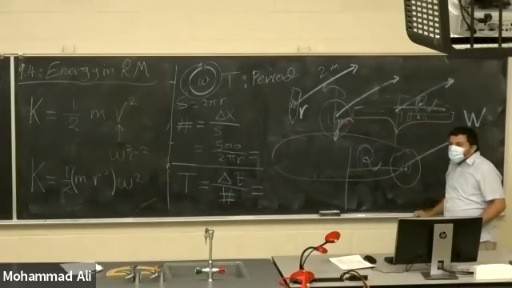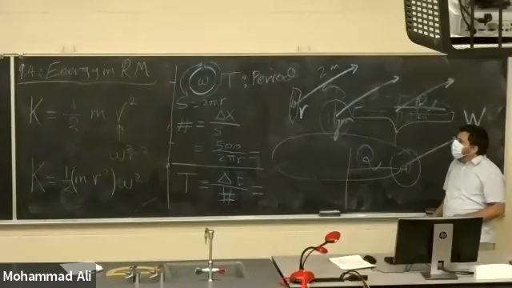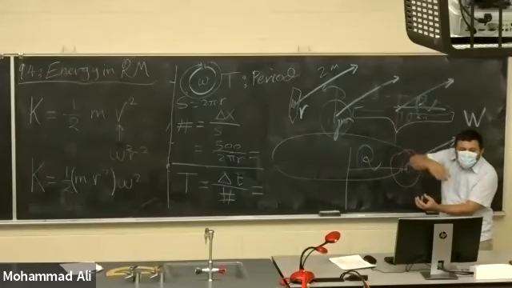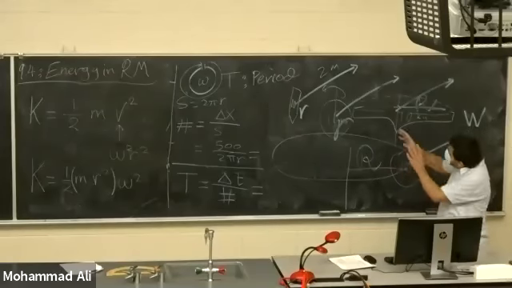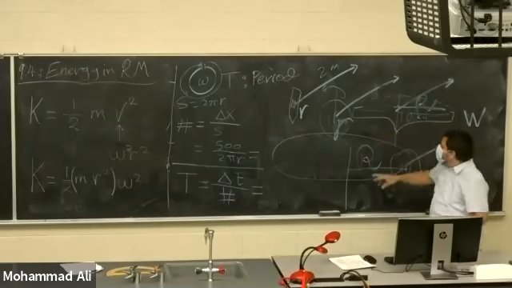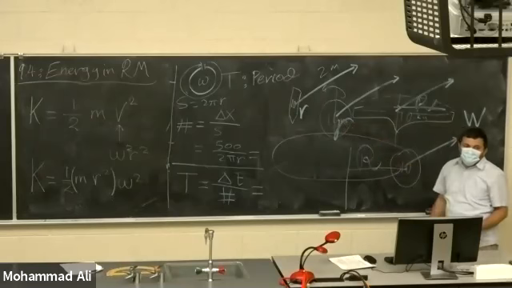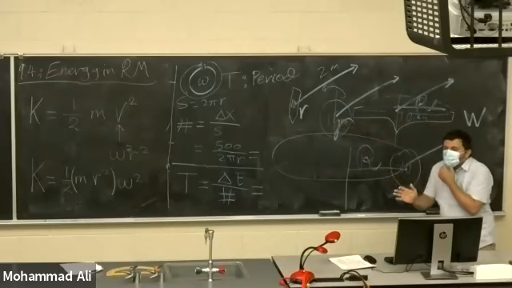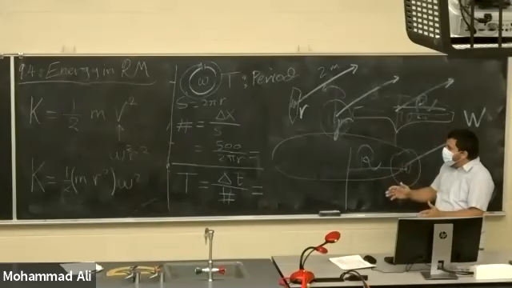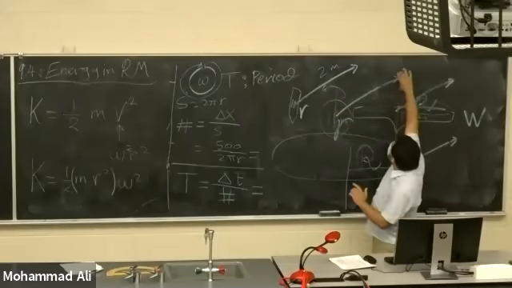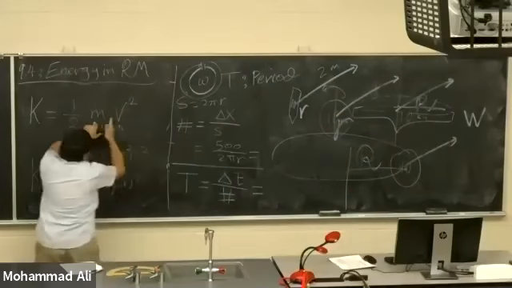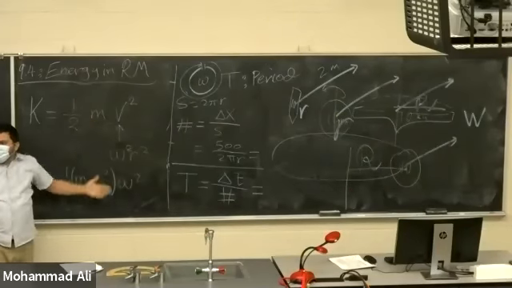So the mass behavior during a rotation is different than the same mass during another rotation shape between this and this. So the mass during the rotation will behave differently than the same mass during the linear motion. So our mass in kinetic energy from before is just a mass.